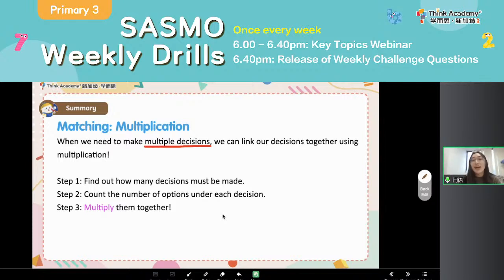The second is to count the number of options under each decision. And then we just multiply these 2 numbers together, like 3 hats, 4 capes, then 3 times 4. 3 t-shirts, 2 pairs of trousers, then 3 times 2. Okay, so 3 is for the choices, and make sure that there are 2 decisions. So we just multiply them.